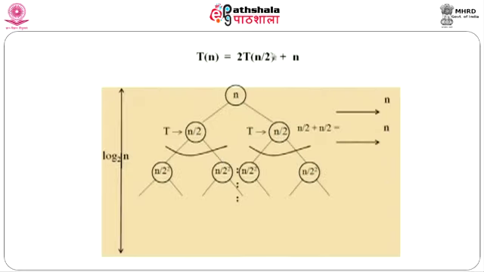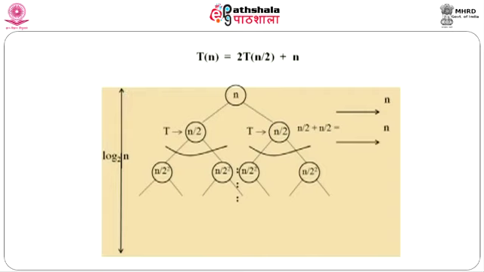If I take this recurrence equation as the example, I am trying to divide this into 2 problems having the instance size of n by 2. In the next level, this n by 2 is going to be divided into 2 again, so n by 2 square, n by 2 square. You can see very well this is going to be a binary tree.